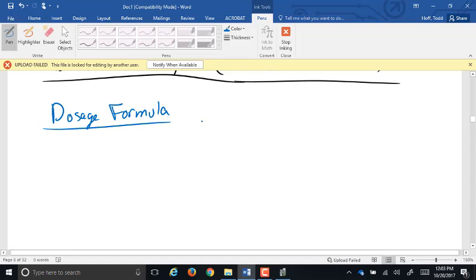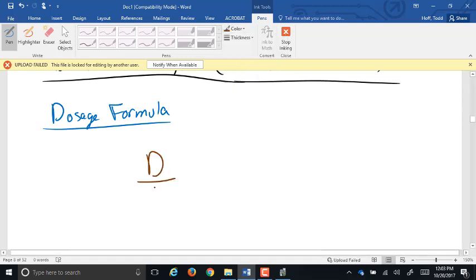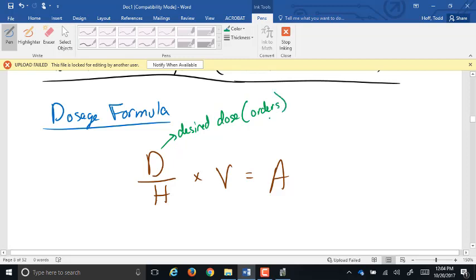The dosage calculation formula looks like that. D is the desired dose. In other words, that's the doctor's orders.